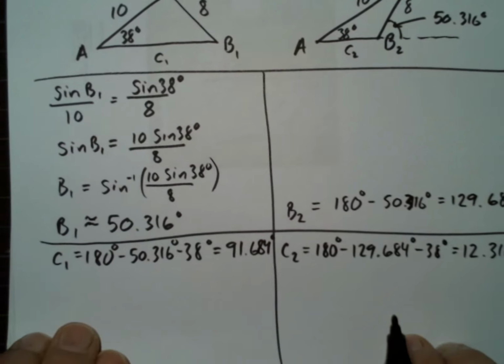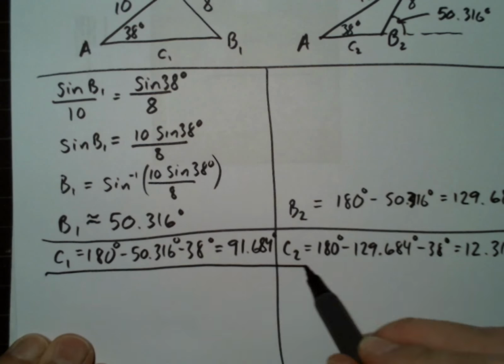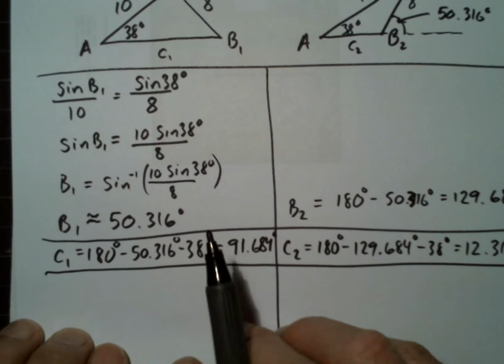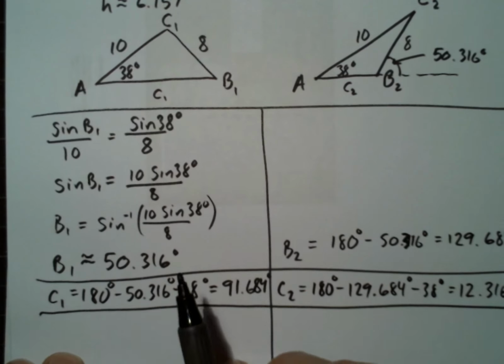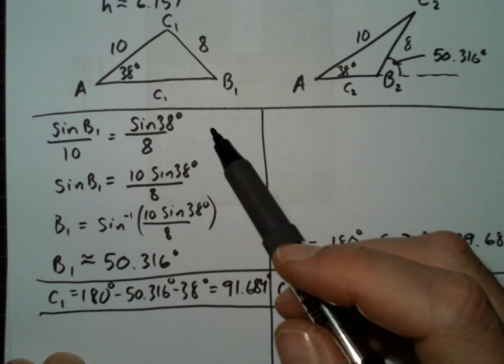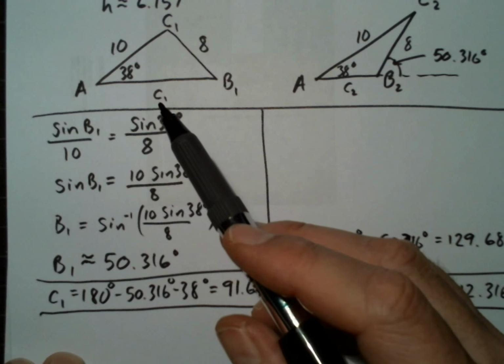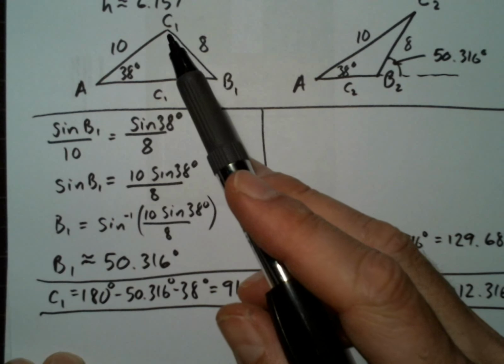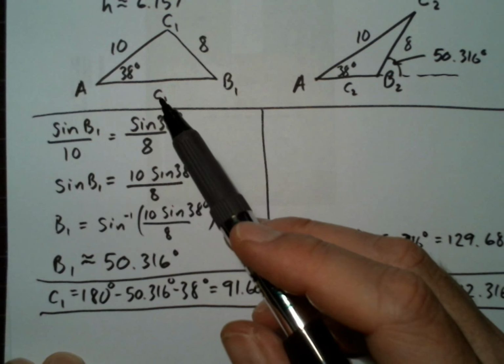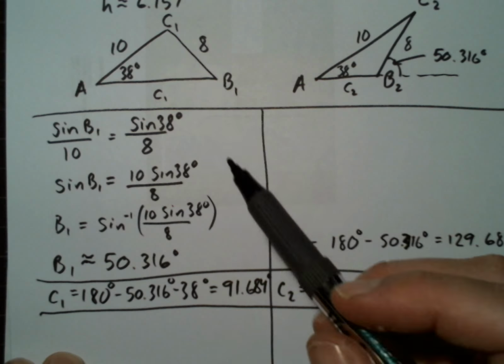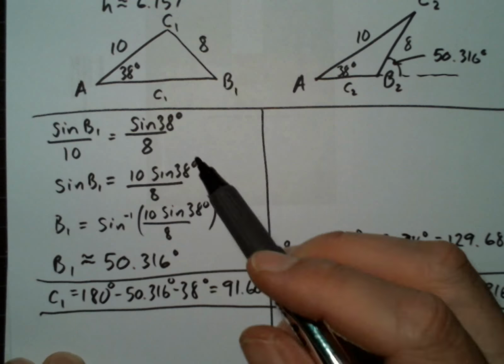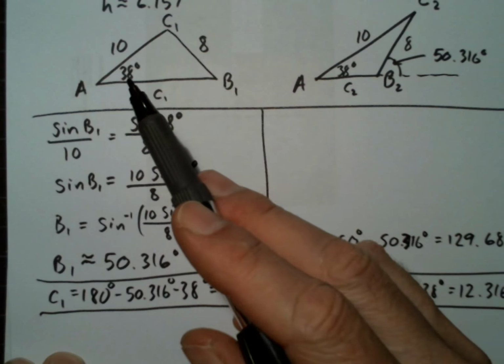And then we can find the missing side c1 because we know that angle now. So we're going to go c1 over sine of 91.684 equals 8 over sine of 38.